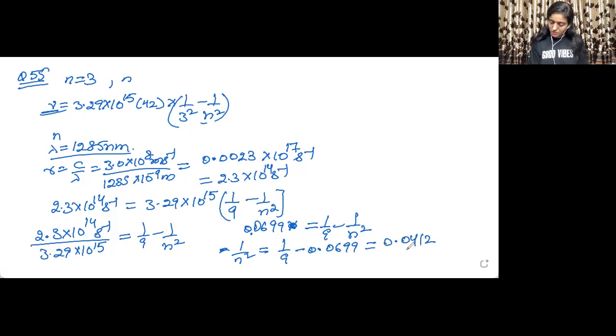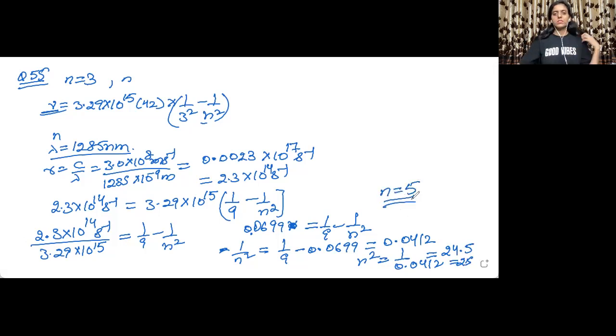So 1/n² is this, and n² will be equal to 1 divided by 0.0412, which comes out to be 24.5. So we can take it as 25. So n will be equal to 5. Okay, so the n value is 5 here.